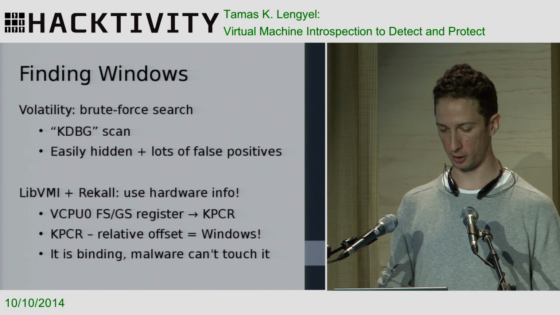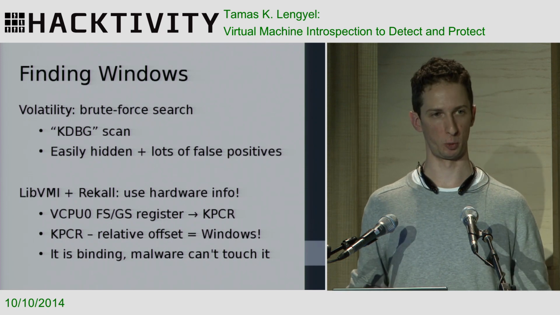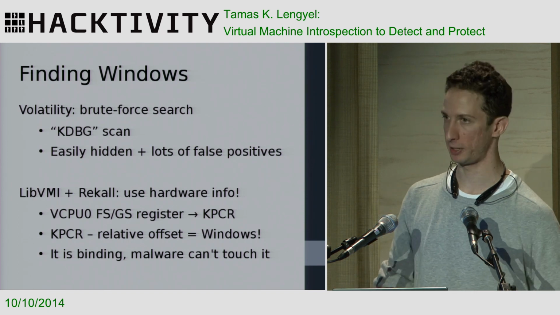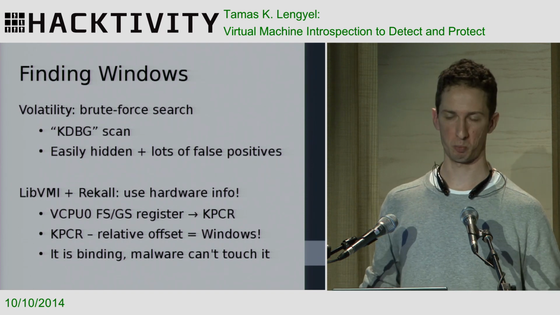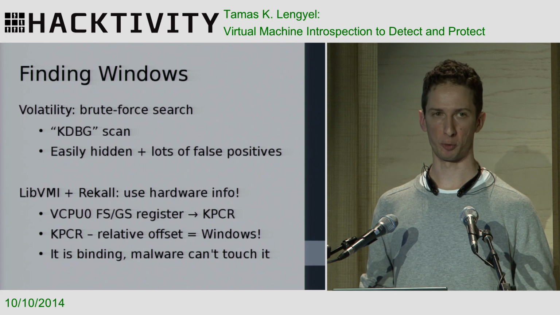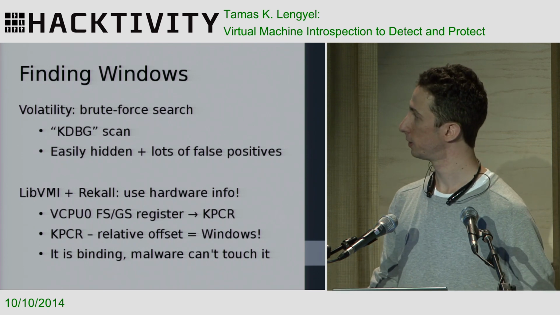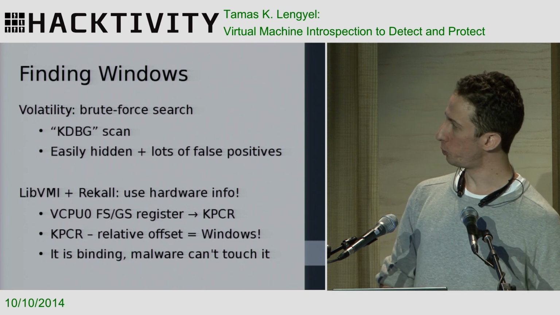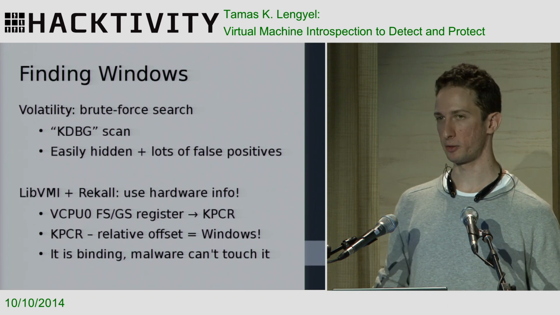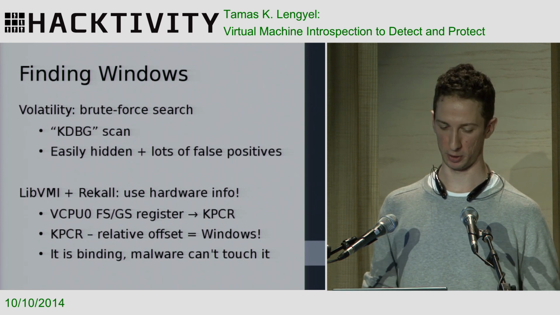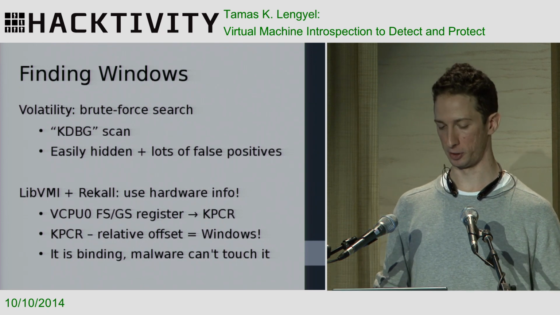The way Volatility does it, for example, is a simple brute force search. There is a magic string, four letters, KDBG, and it just scans for it, which of course means it's easily hidden and there are lots of false positives. The way we use Rekall and LibVMI is that we also have access to the virtual hardware information through the registers, which is an advantage that Volatility can't afford.